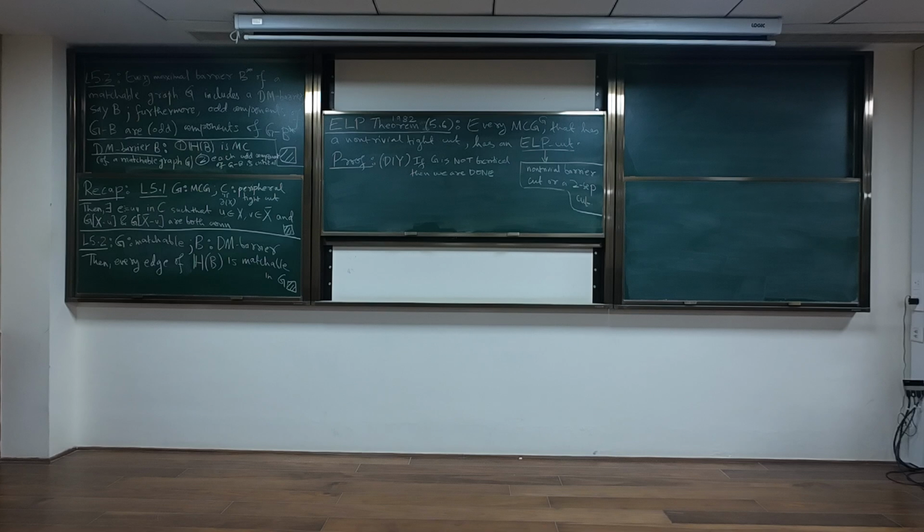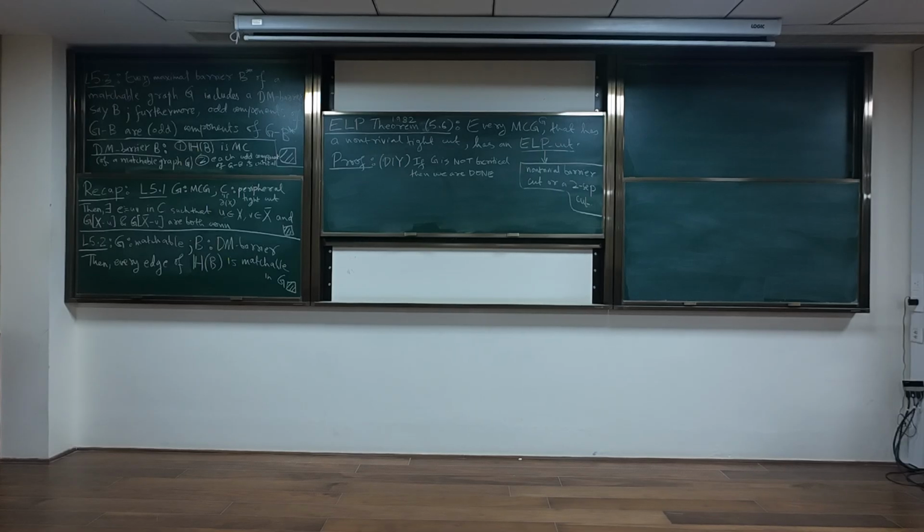Anybody else? Right, so if the graph is not bicritical, then there is a non-trivial barrier. So just make a non-trivial barrier and think about the definition of barrier cut.